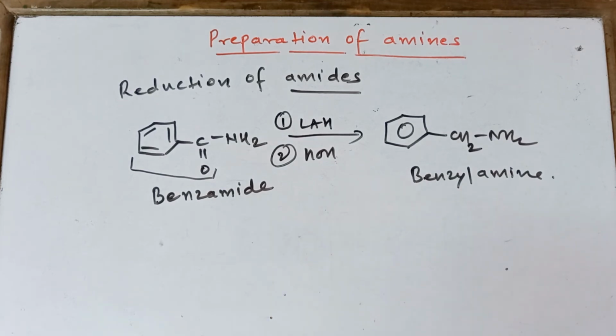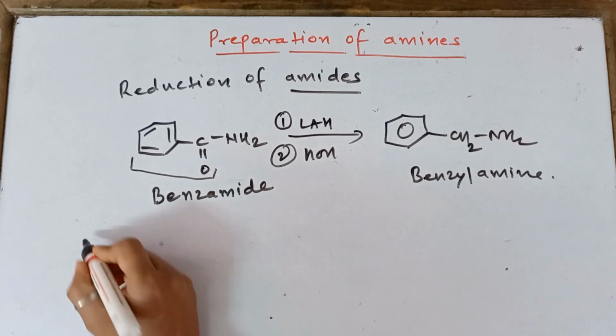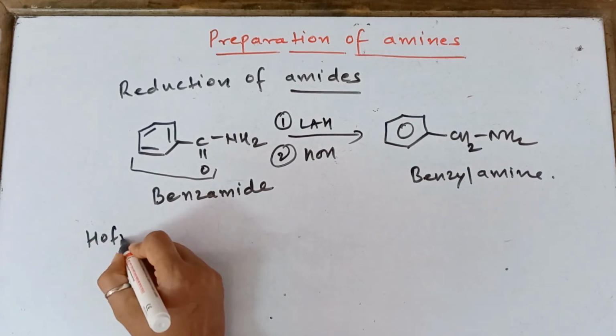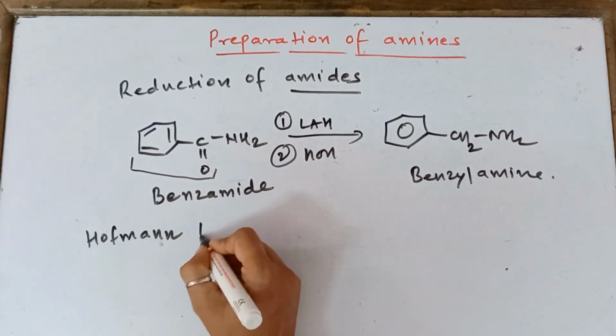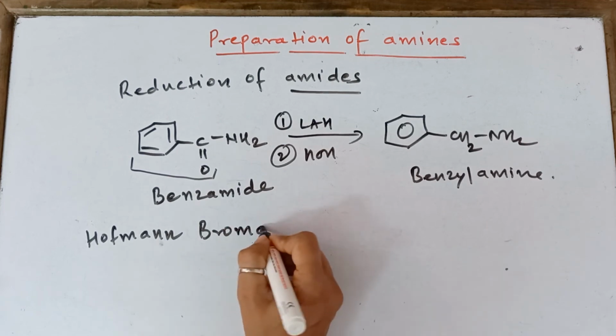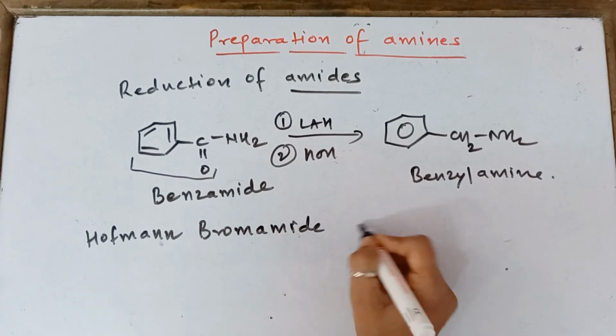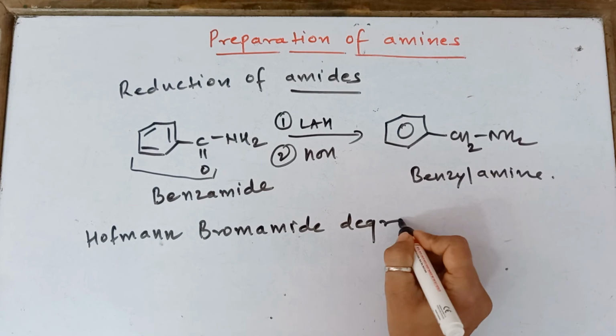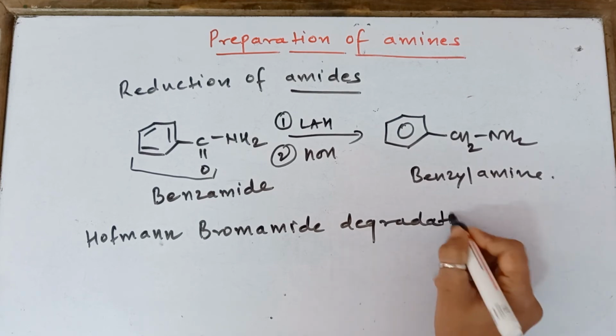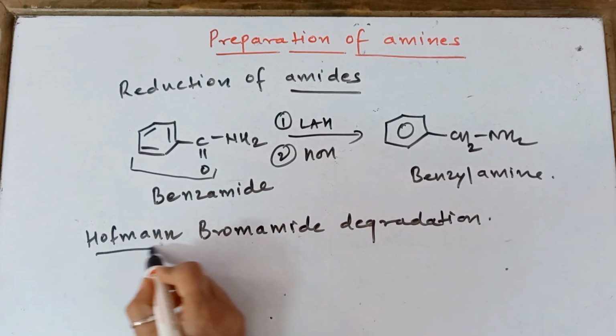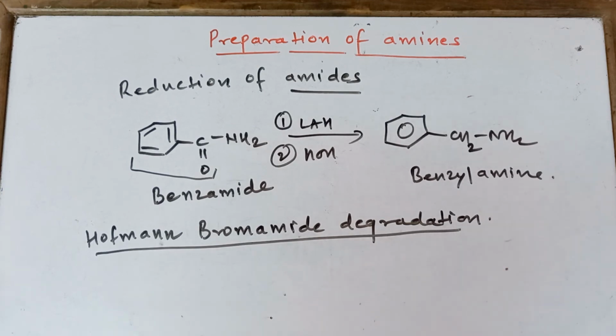Now we are going to discuss one more important method which is related with amides itself, and that method is Hofmann bromamide degradation. This method is generally always asked in the board exam as a name reaction, and it's a very famous method of descending the series.